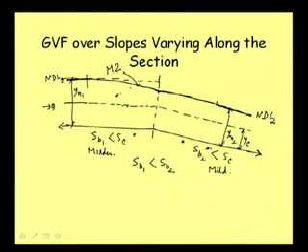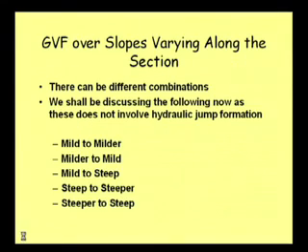So, this M2 profile is forming here like that, and in this portion uniform flow is remaining. Well, so we could see that when the channel changes from mild to milder, it was M1 profile forming, but when the channel is changing from milder to mild, we are getting M2 profile. Okay. Well, then we can have some other type of situation.